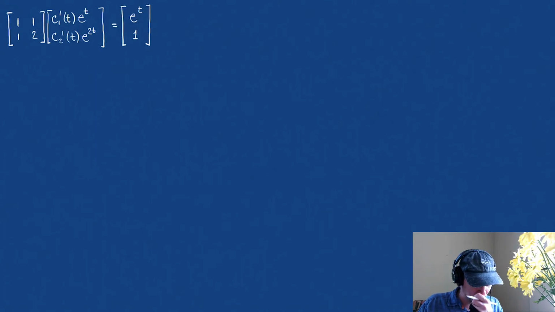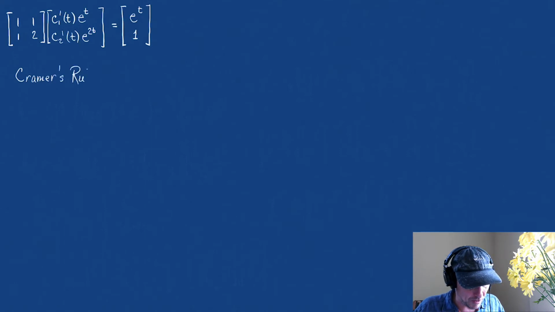We have this interesting problem to solve, and now let's apply Cramer's rule. If you recall, the first component, c1 prime of t e to the t, is equal to the determinant of b1.